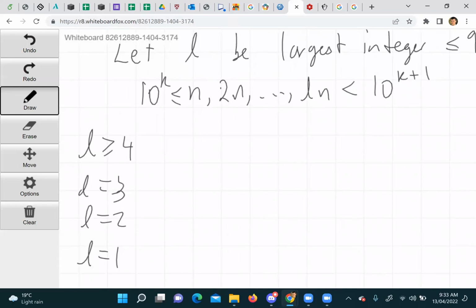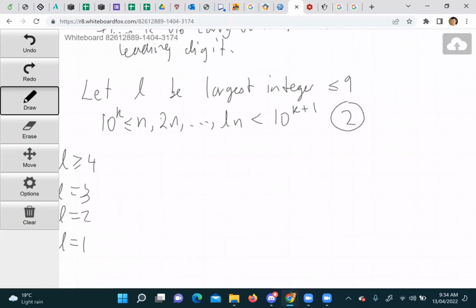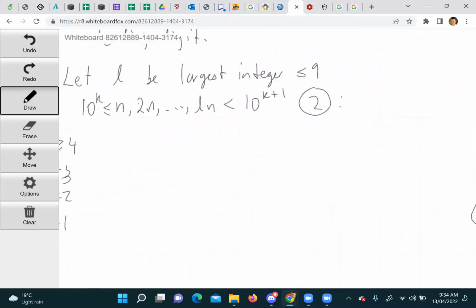So if L is greater than or equal to 4, we're gonna have a lemma right here, okay? That the conclusion is n is less than 2n is less than ln.